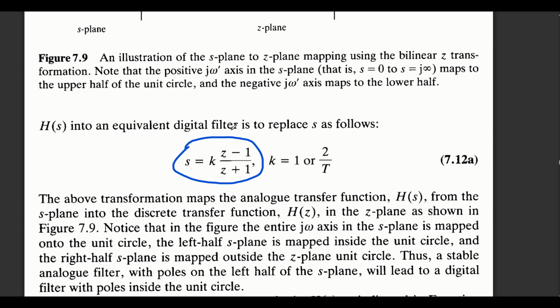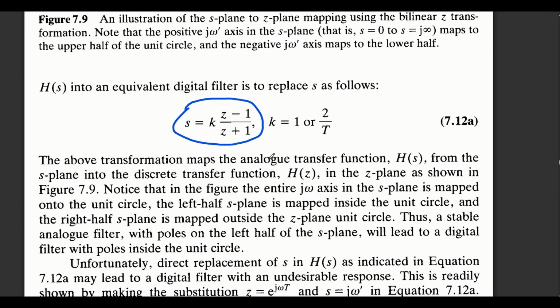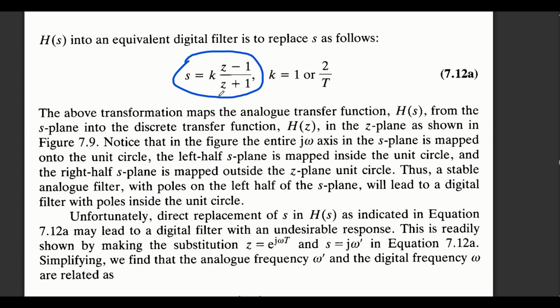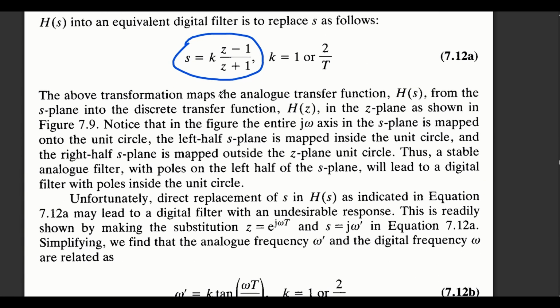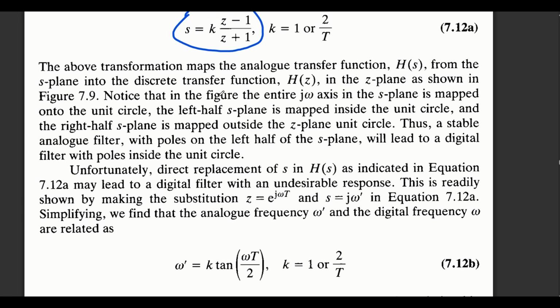However, in reality, you don't usually just do this. You don't just substitute S for K multiplying Z minus 1 over Z plus 1. There are a few things you have to do, okay? The response you get when you do it directly may be undesirable, so there is a bit of manipulation before you do the substitution.